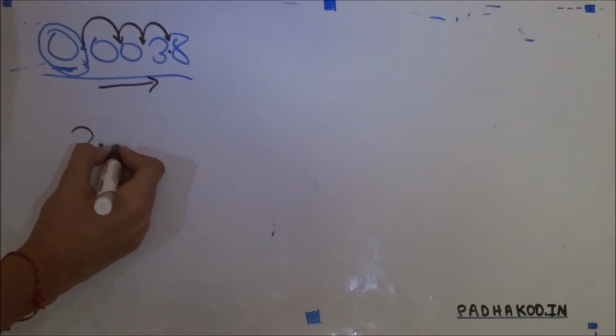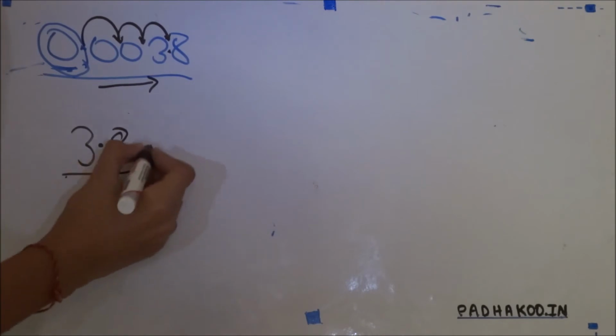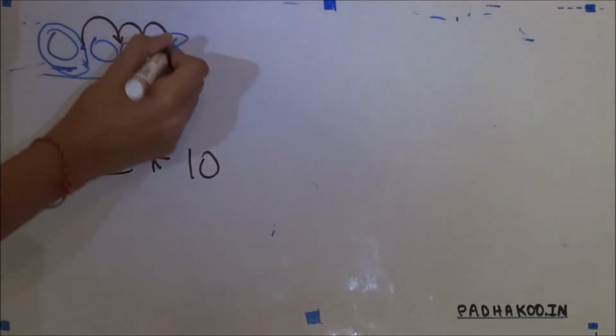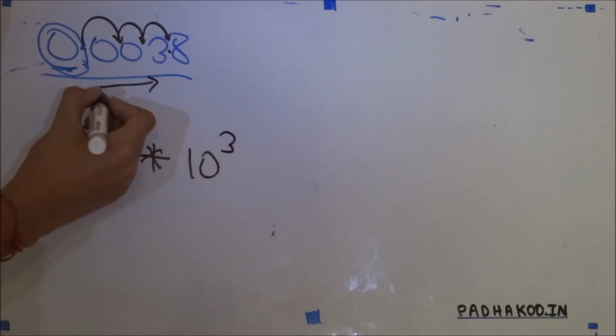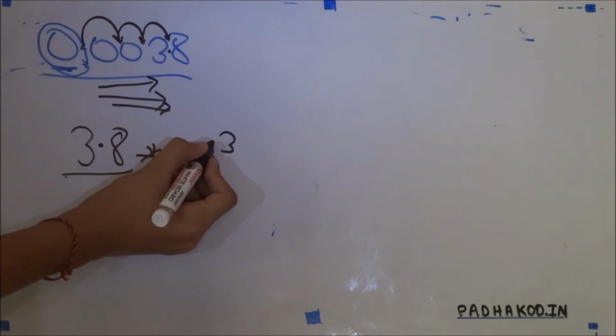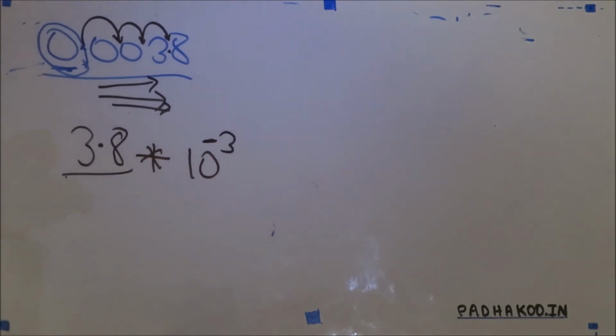So 3.8 times 10 to the power of, we shifted 3 places, so 3, and we shifted towards the right, which goes for a negative sign, so 10 to the power of -3.